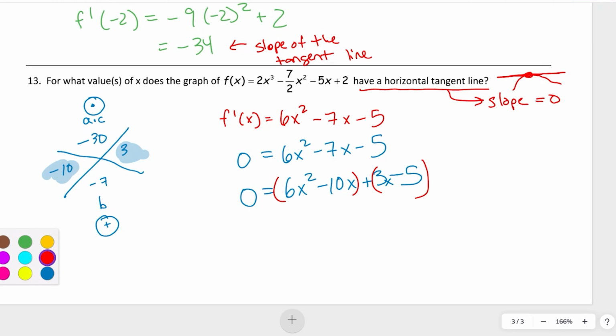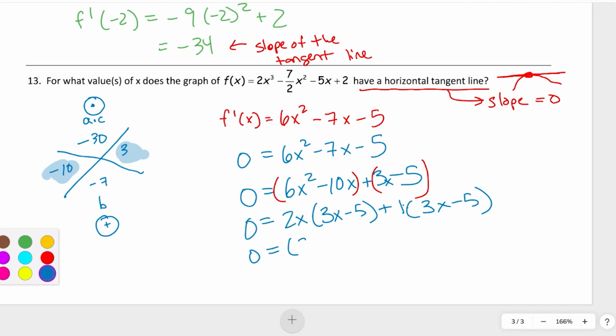I'm going to factor out the GCF out of each group. So out of the first group, I can take out a 2x. And the second group, I can't really take out anything, so I'm just going to factor out a 1, since anything has a factor of 1. So at this point, I can factor out the 3x minus 5 as though it's a GCF, and that leaves me with the remaining factor, 2x plus 1.